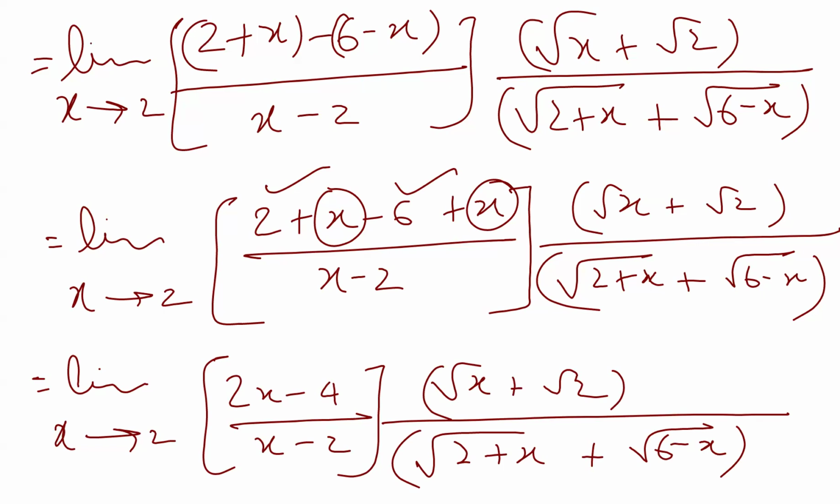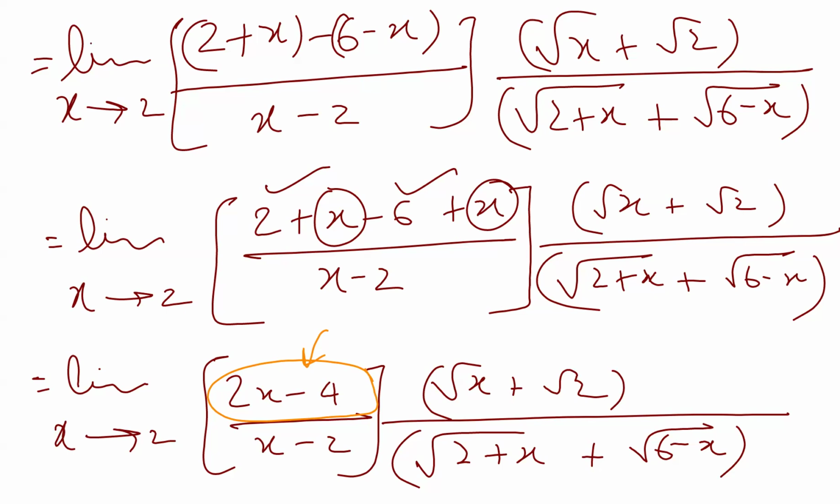Now here you are supposed to take 2 common. If you take 2 common over here in the orange colored term, what will be written within the round bracket? That term will be x minus 2, right?